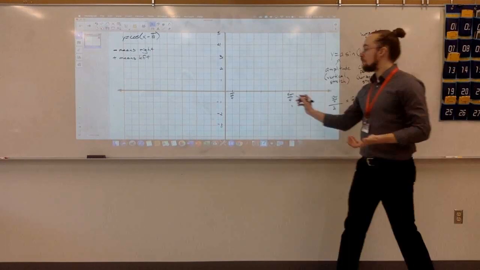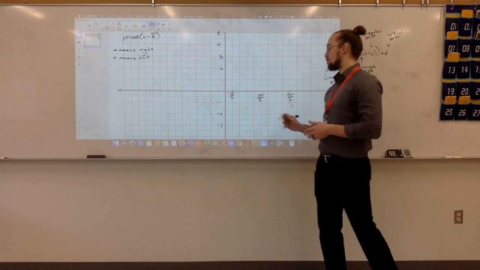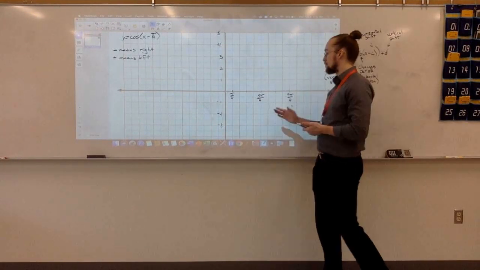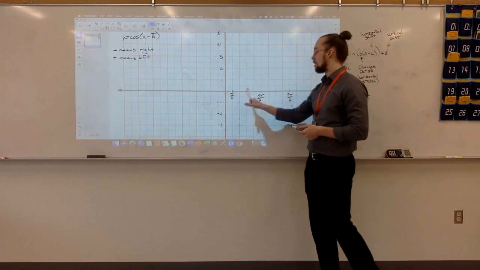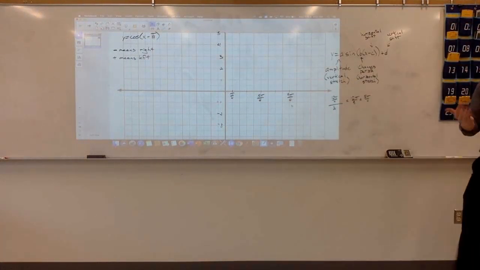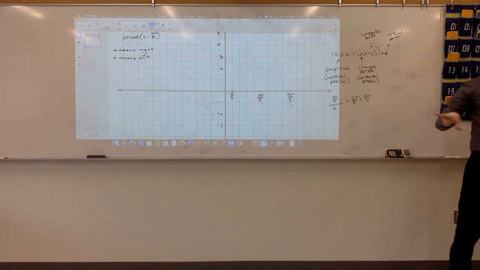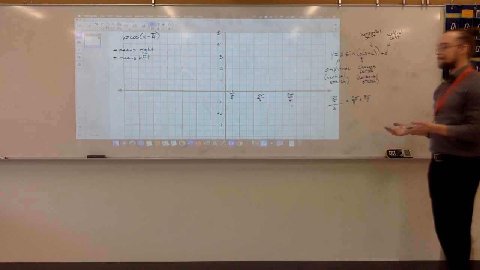Okay? And again, if you can do that without taking the average, that's perfectly fine, right? We're essentially just finding the midpoint between 1 and 9. So halfway in between 1 and 9 is 5. This is just a foolproof way to do that that'll work every single time.